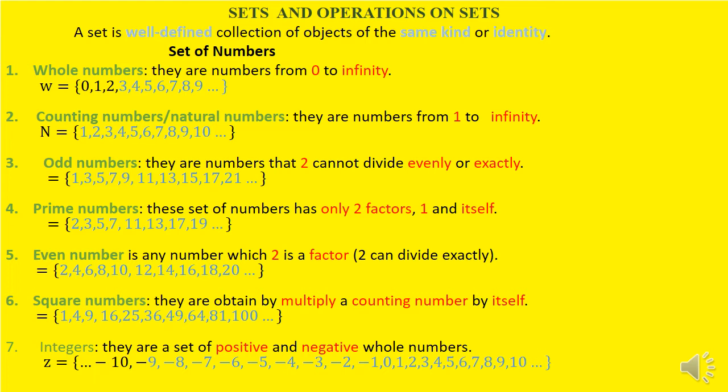We also have odd numbers. They are numbers that 2 cannot divide exactly. So any number that 2 is not a factor of, we say that number is an odd number.